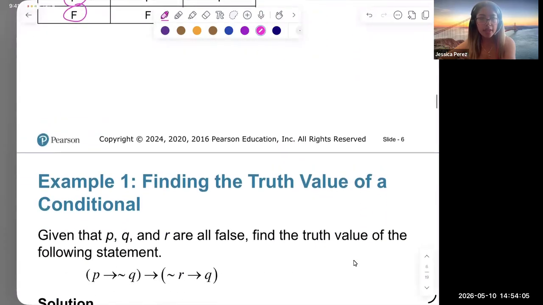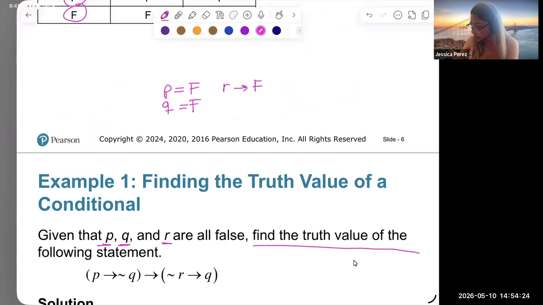Let's look at this example. Given that P, Q, and R are all false, find the truth value for the statement. So P is false, Q is false, R is false. Now, what happens when we have F implies not Q?